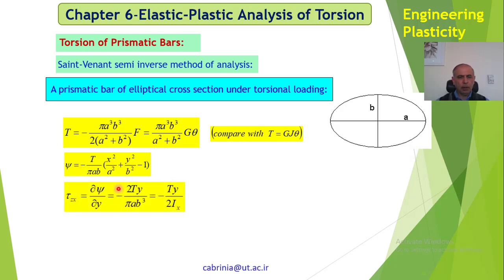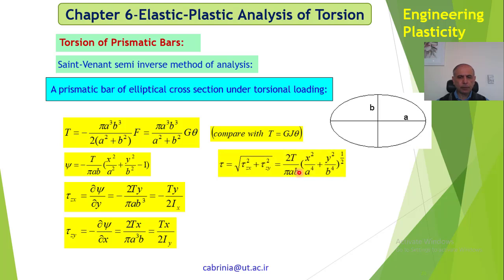And therefore we could get the shear stresses tau Zx and tau Zy, partial of psi with respect to y, and partial of psi with respect to x, with that negative sign. We get these values, and if we square these up under the square root, we get the total shear stress, which is this.